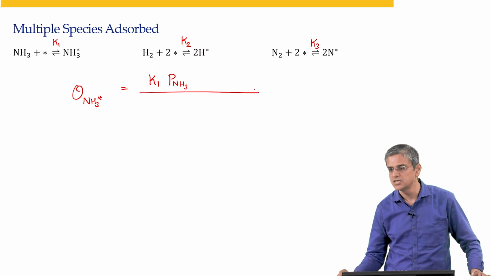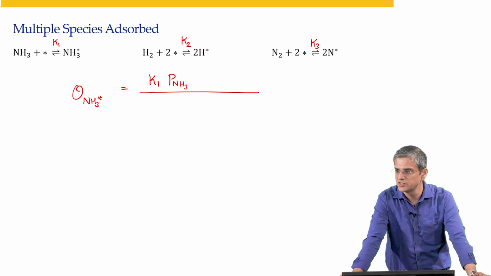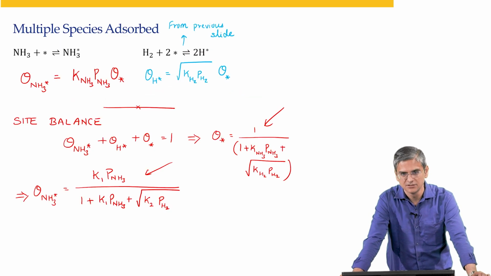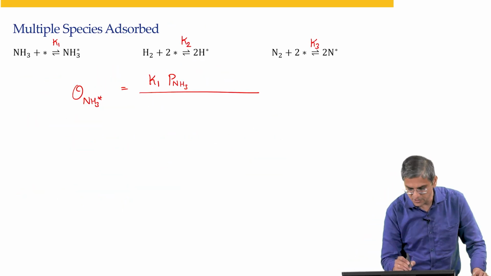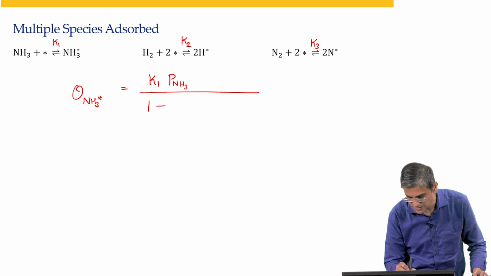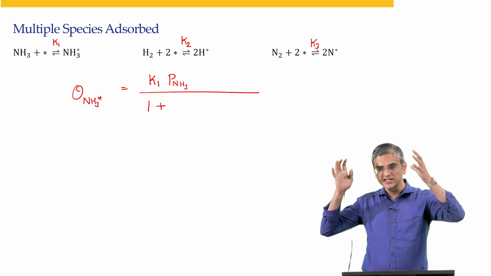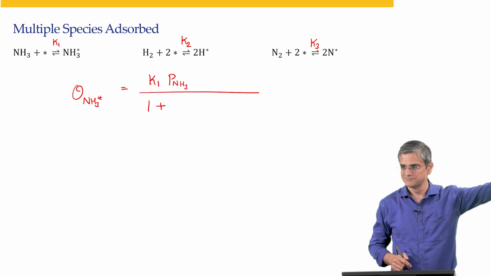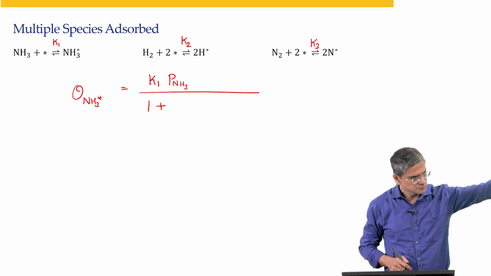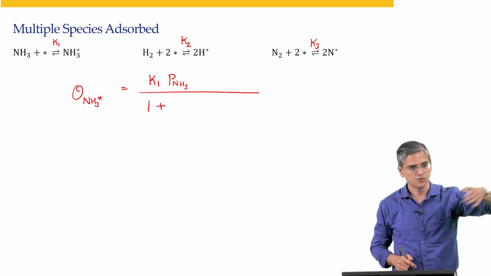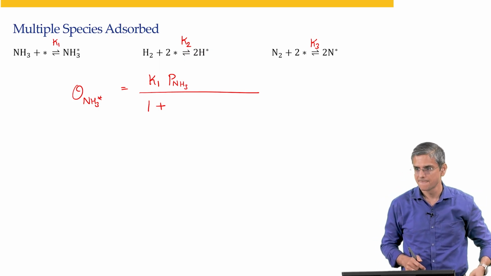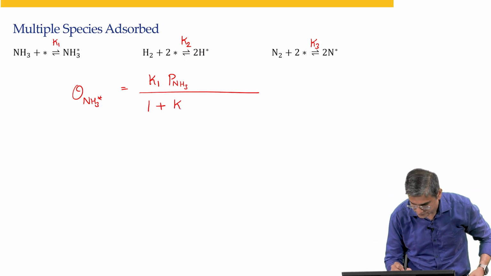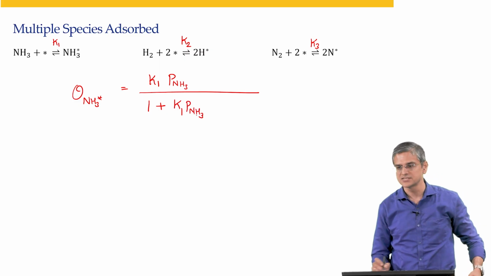So, what is going to be the denominator? What is going to be the form of the denominator? Pattern matching. Will there be 1? 1 plus? Where physically does this 1 come from? Total site balance. What is the next item? K1 PNH3. Where does this come from?